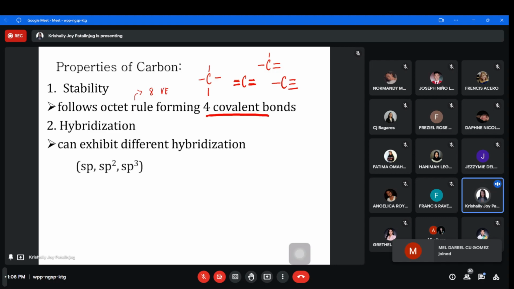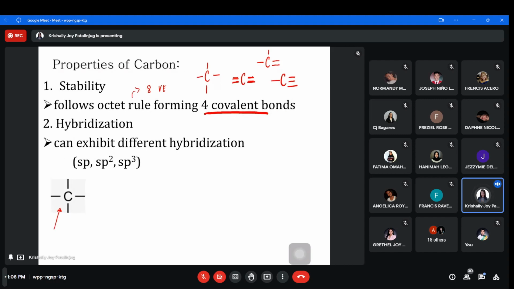So how do we identify whether the carbon atom in a structure is sp3 hybridized, sp2 hybridized, or sp hybridized? Class listen, when the carbon atom in a structure is surrounded solely by single bonds, I repeat, when it is surrounded only by single bonds, that carbon atom is in sp3 hybridization.